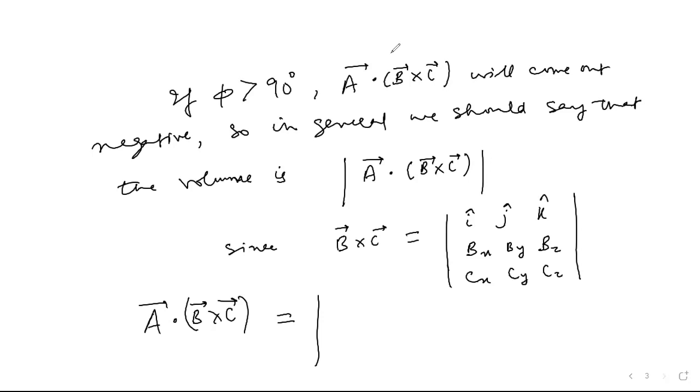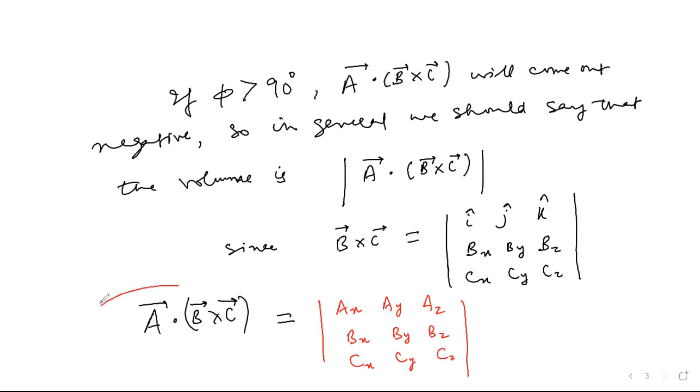Simply Ax, Ay, Az. Then you write Bx, By, Bz. Then you write Cx, Cy, Cz.